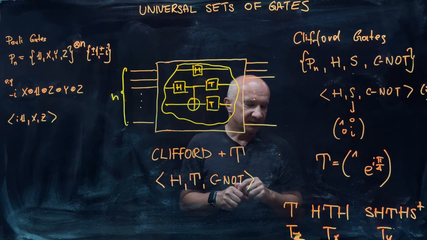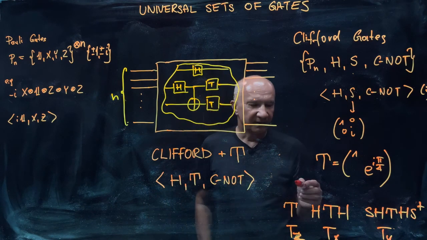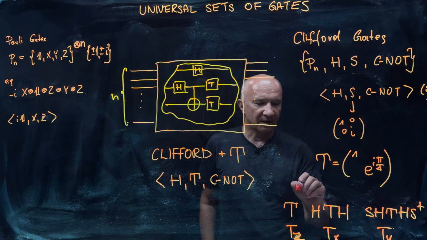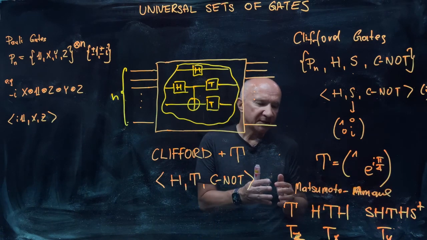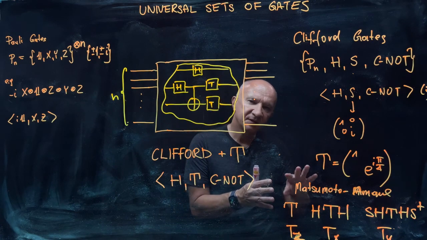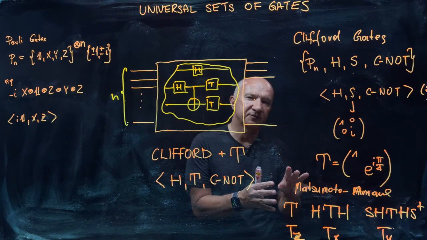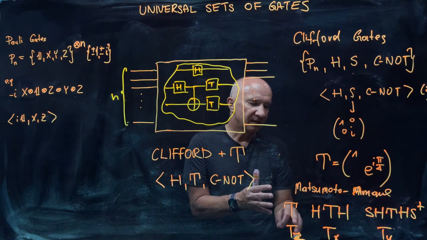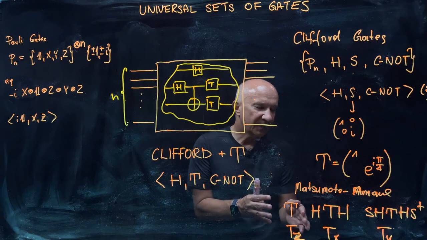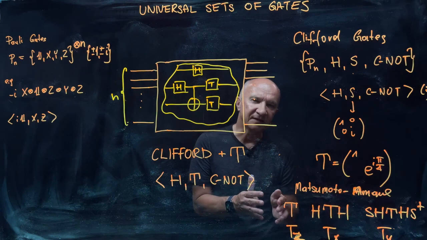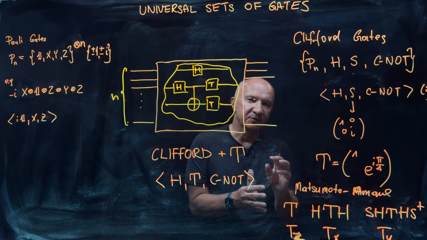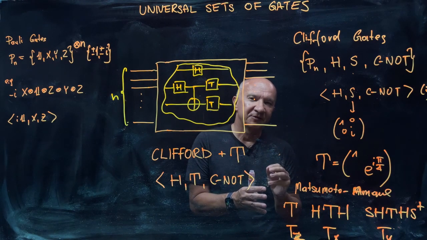It's a beautiful construction due to Matsumoto and Amano. They managed to show that, at least for single qubit approximations, concatenating TX, TY, and TZ with any Clifford operation is enough to approximate any unitary on a single qubit.